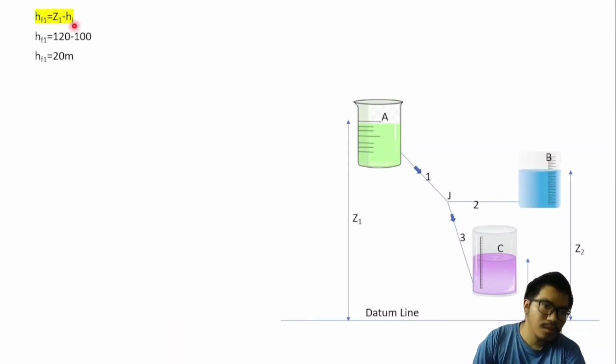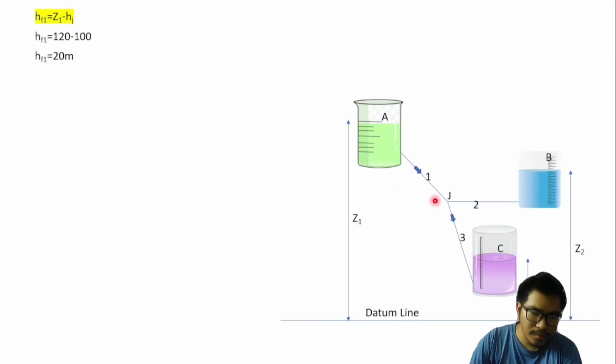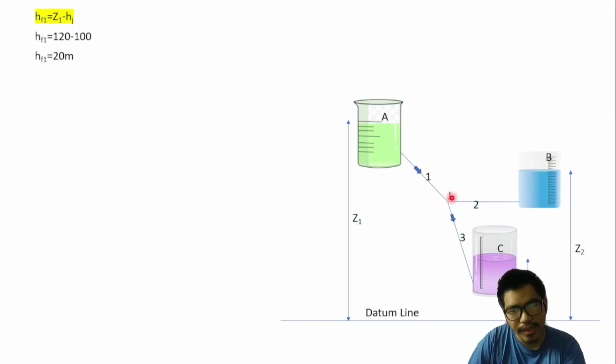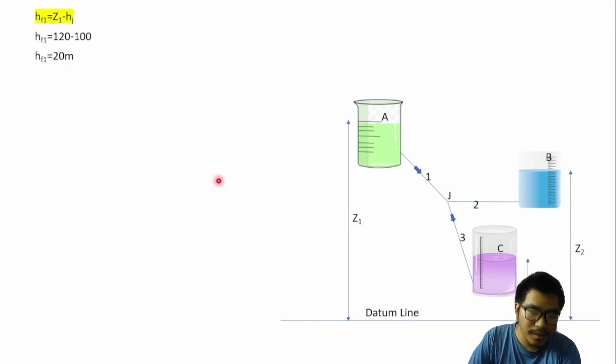So head loss in pipe 1 is given by total head at 1 or A minus total head at J. H1 means total head at 1.